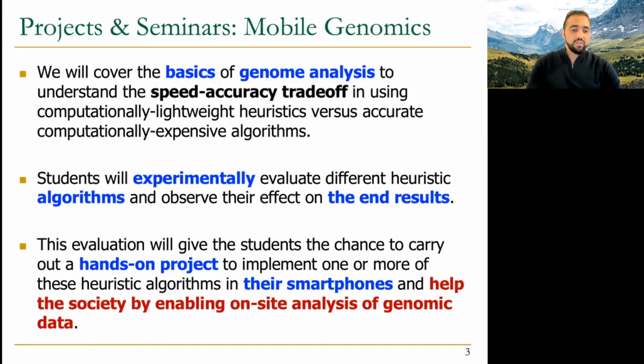Some of the heuristics are good, some of them are bad, some of them are just good enough for the use case we have. Some are not really good. They compromise accuracy just to gain speed up. We will see this evaluation, and based on this, we'll get some insights into which algorithm might be better for our needs.